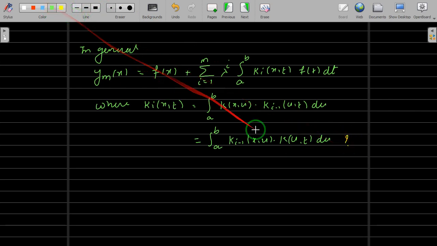This you check whether you can write this expression as this expression by changing the variable of integration and changing the order of integration. That kind of thing you have to apply.